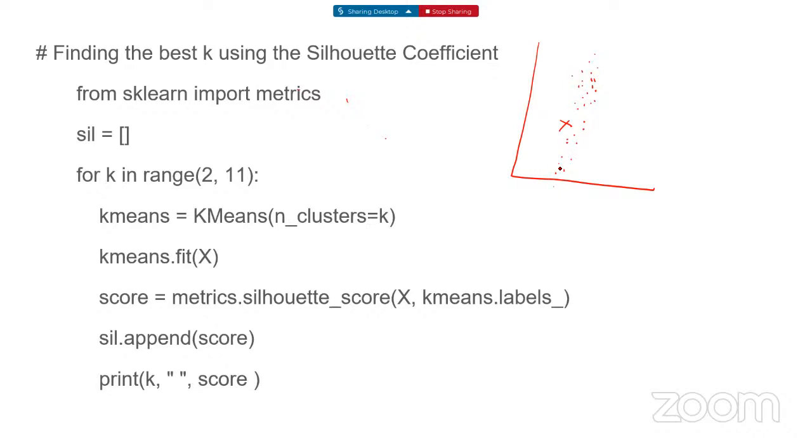Because this y value goes from 0 to 1, and this x1 goes from 0 to 1, but this x2 goes from maybe 0 to 250. So this one will be the dominating feature here.